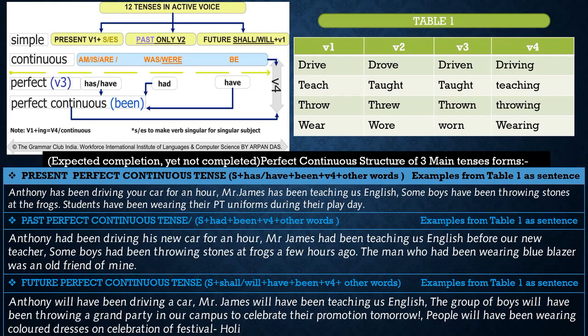Future perfect continuous tense. The structure is subject plus shall or will plus have plus been plus V4 plus other words. Examples from table 1 as sentence. Anthony will have been driving a car.